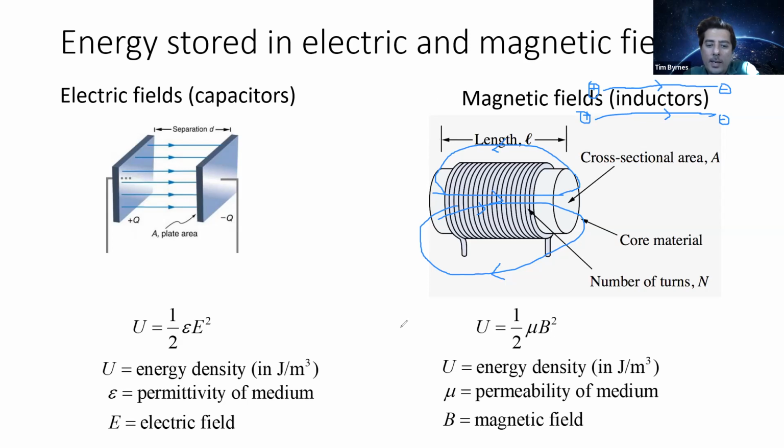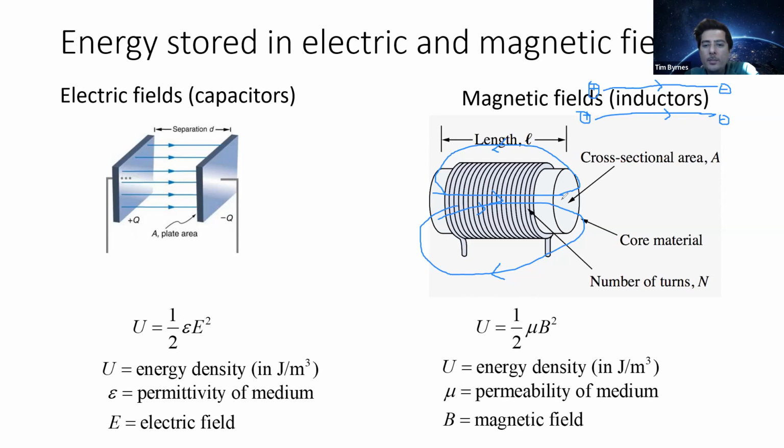So this always has some magnetic field, and the energy stored inside the magnetic field has a very similar formula, half mu B squared. This one is half epsilon E squared, and epsilon and mu are just numbers that depend on the material inside.